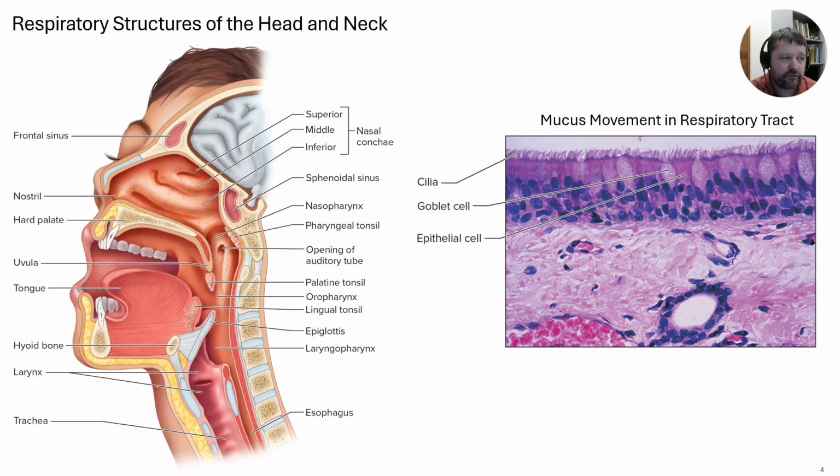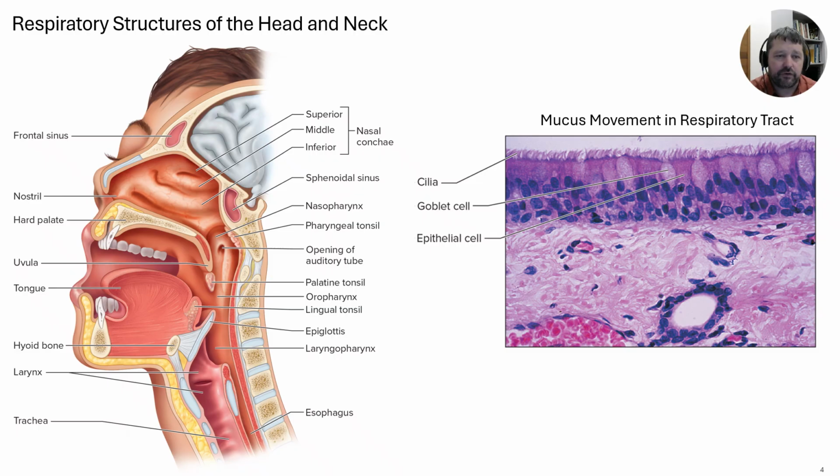So we can look at this. Nostril, nose area, and then you have this nasal cavity. And if we blow up what that nasal cavity looks like, a lot of the surfaces will look like this. You have these ciliated cells, epithelial cells that have cilia, hair-like projections, and then in between those cells are goblet cells, and these are going to produce mucus.